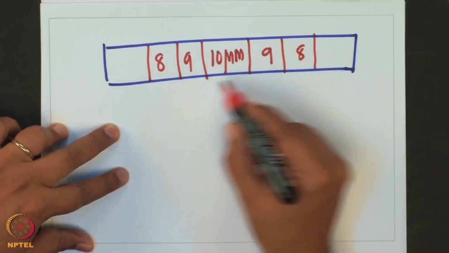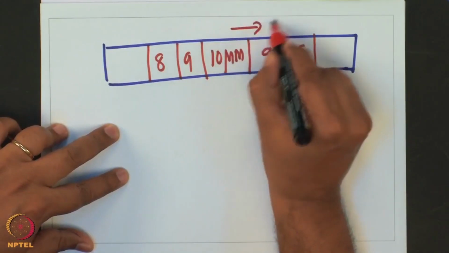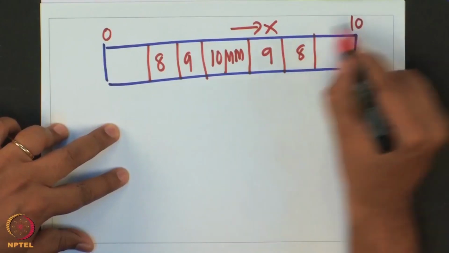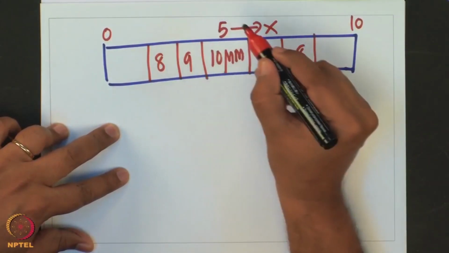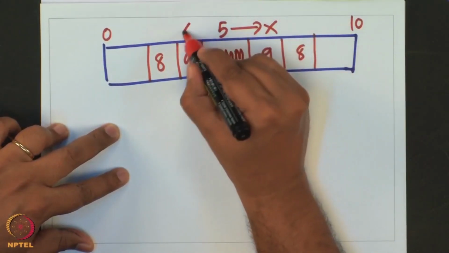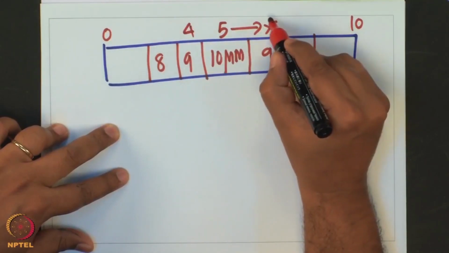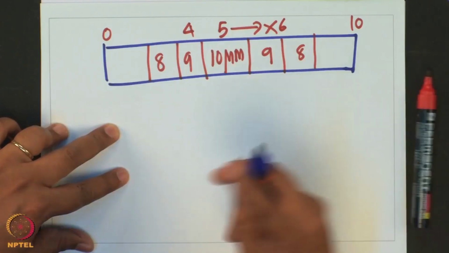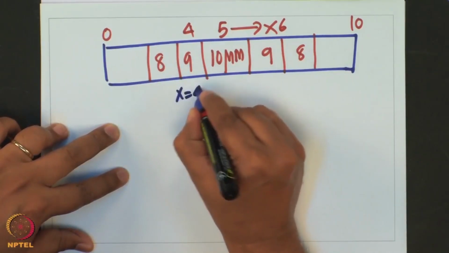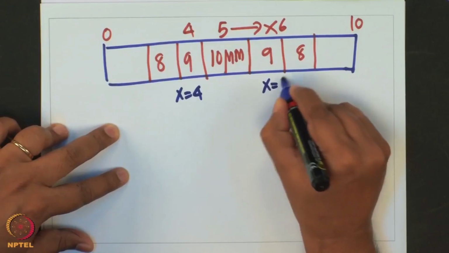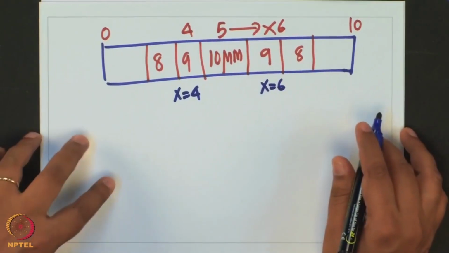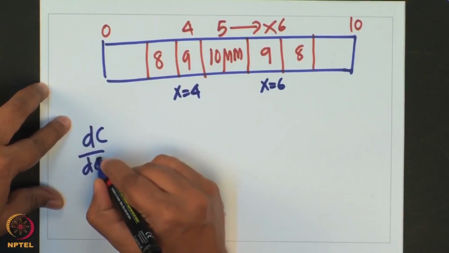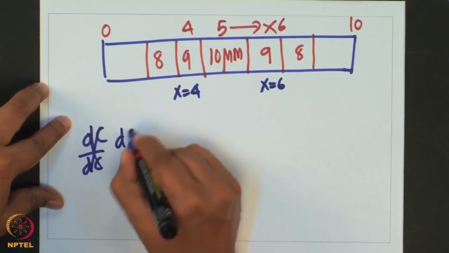To either side the concentration is decreasing as we go along the x-axis. X is 0 here, x is 10 here, 5 here, and 4 here, x is 6 here. So this is x equal to 4 and this is x equal to 6, and we will calculate the gradients at these two locations, dC by dx.